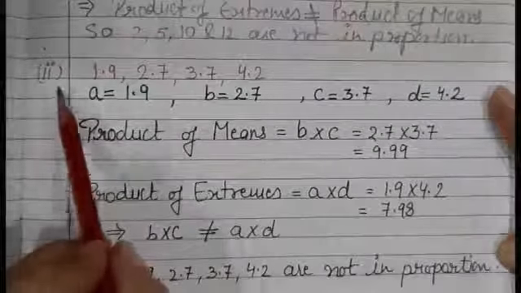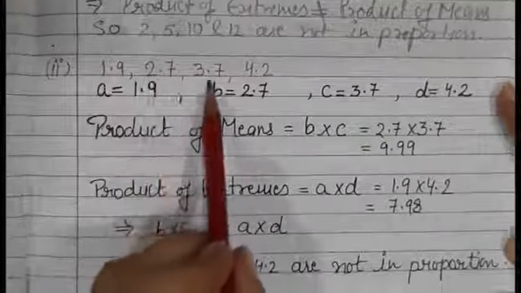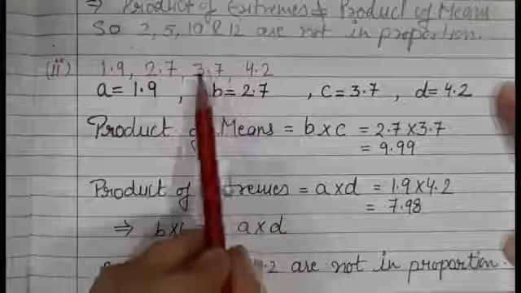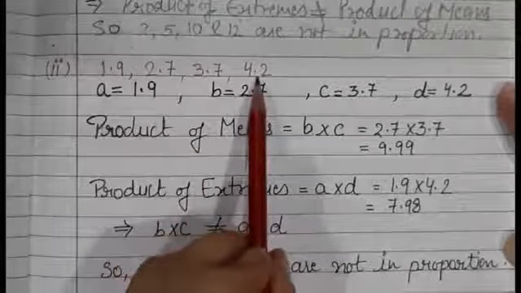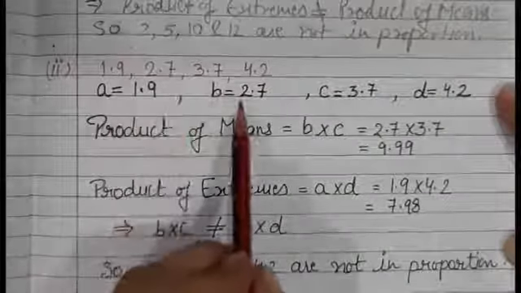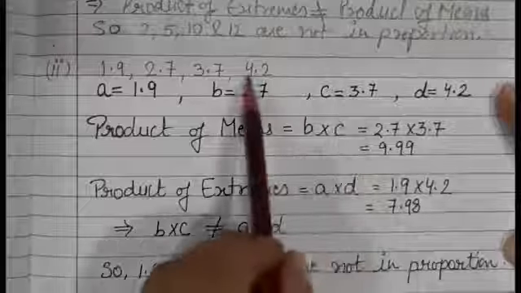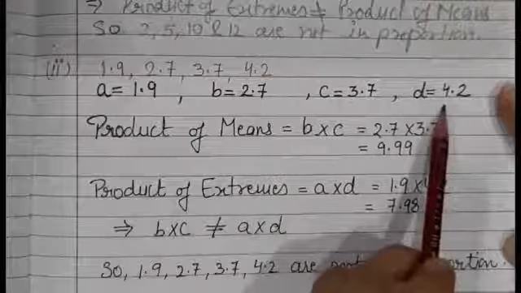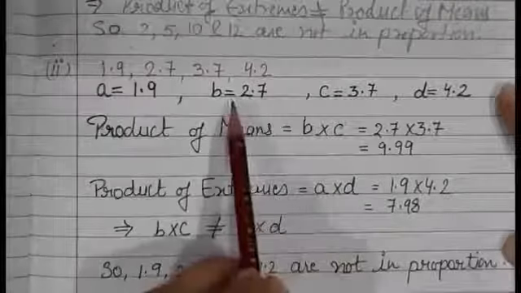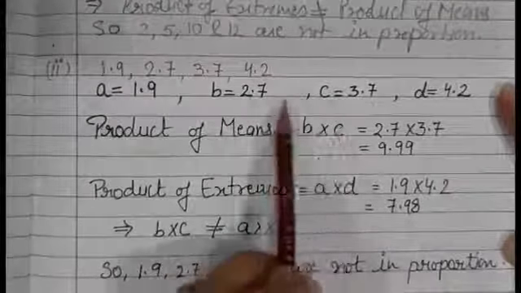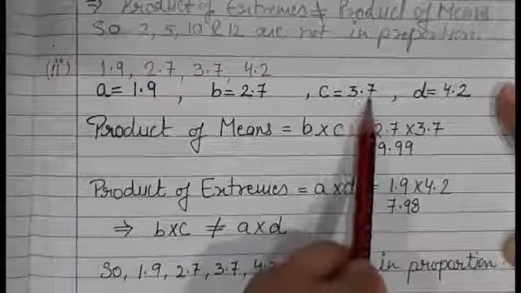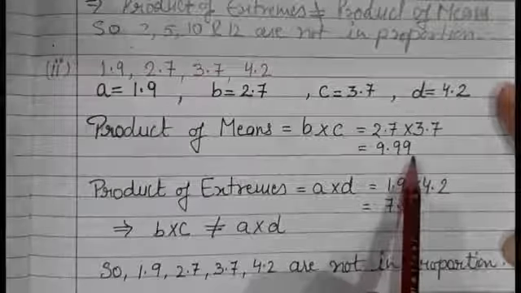Similarly, the second part, 1.9, 2.7, 3.7, 4.2. If we have to check whether these numbers are in proportion, first we take 1.9 as A, 2.7 as B, 3.7 as C and 4.2 as D. Now the product of means. Means means B into C. So when we multiply B into C, that means 2.7 into 3.7, 9.99 will come.